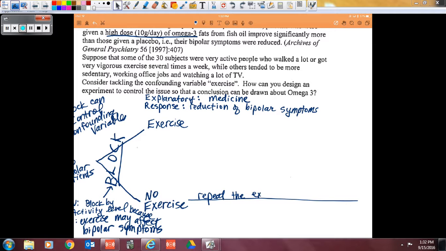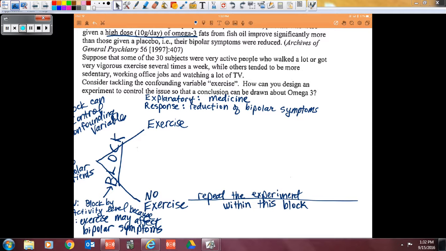So I'm only going to draw it once. Repeat the experiment that I'm about to draw up above within this block. Is that okay if I write that instead of drawing all of it again? Okay. So within each block is an experiment.